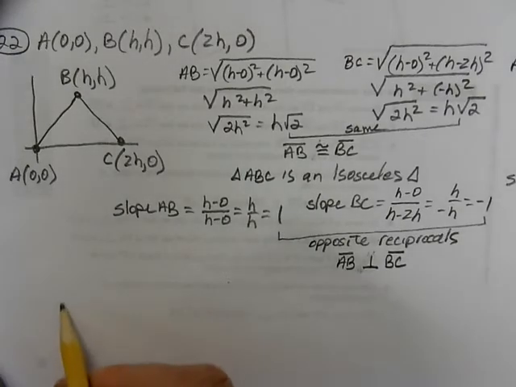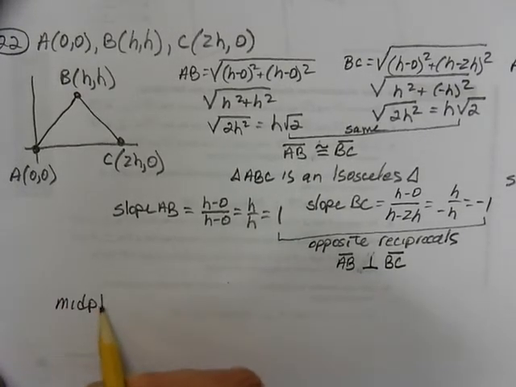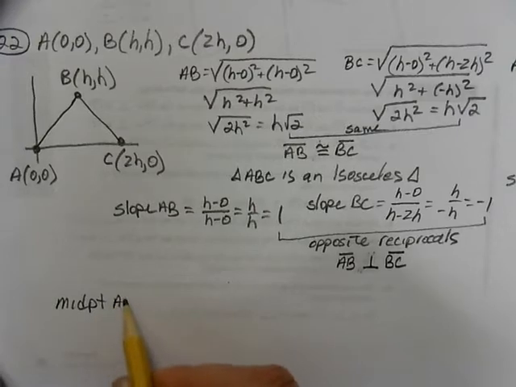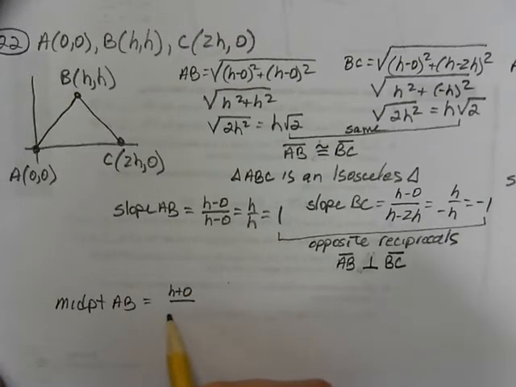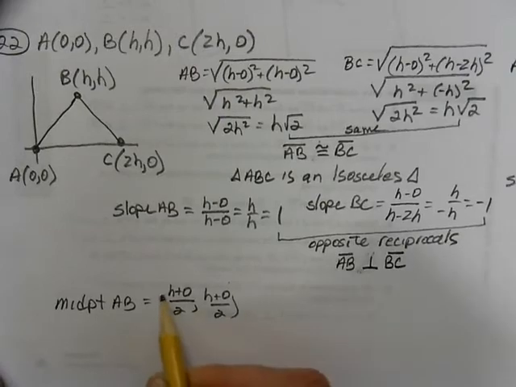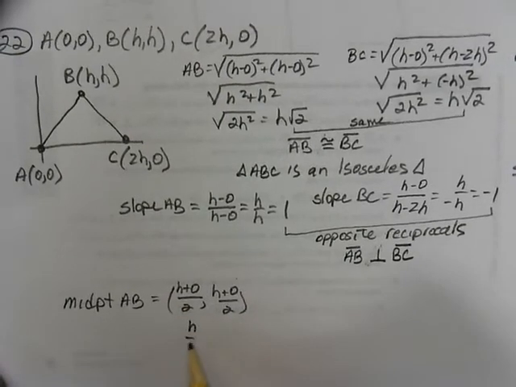Now we're going to look at the midpoint. So the midpoint of AB is x plus x over 2 and y plus y over 2. That leaves us with h over 2 comma h over 2.